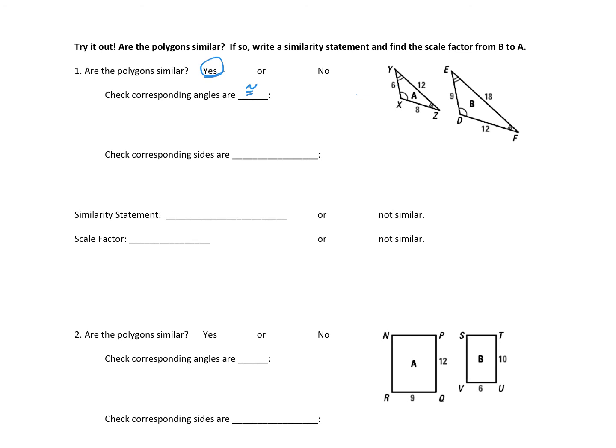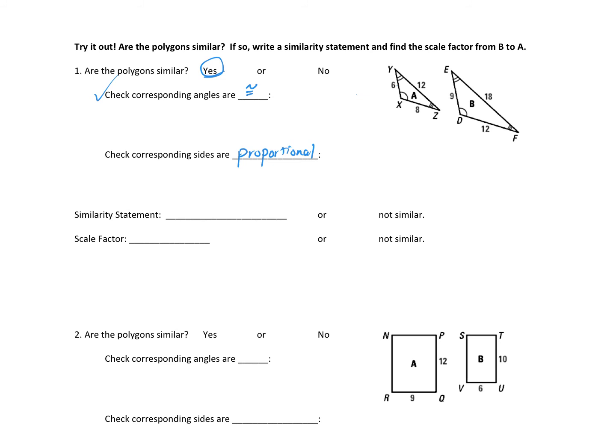And let's check the corresponding sides to see if they are proportional. If all the angles are congruent, I can already say yes, this is similar. But if I only have some of the angles and I don't have all, I can't say yes. But if I have the angles and the sides proportional, then yes, they should be similar.